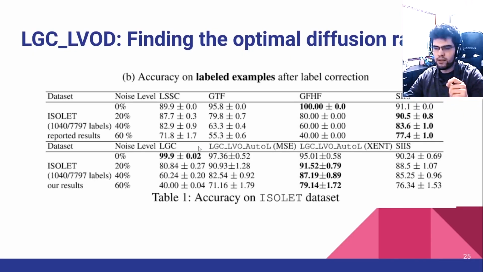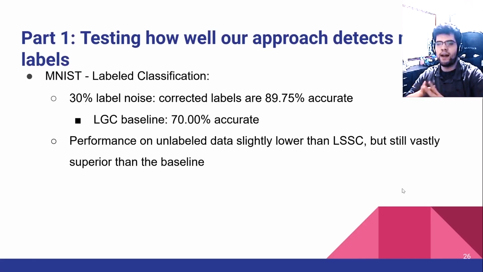Here you can see the results. You can see the difference here, 79% against baseline, 40% for the accuracy on labeled examples, and for our own implementation of the L1 norm method here, 76%. And on the other hand, on MNIST, for example, with 30% label noise, the corrected labels are 89.75% accurate, which is up significantly, since the LGC baseline only has 70% accurate label data.